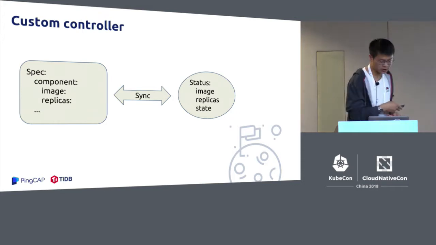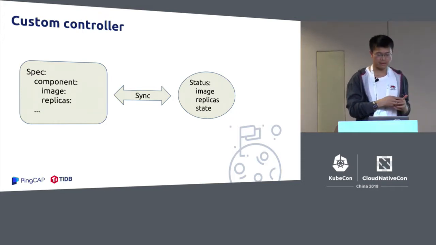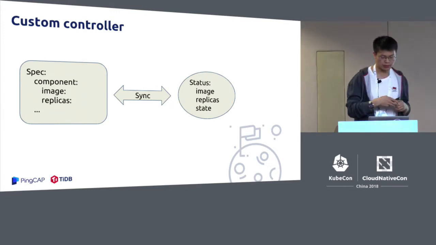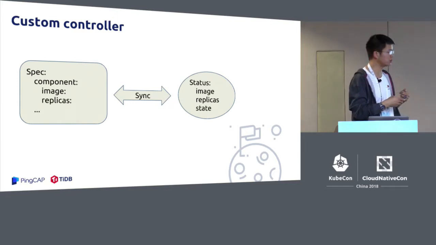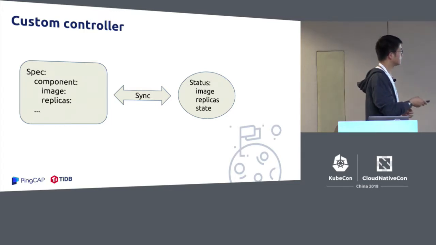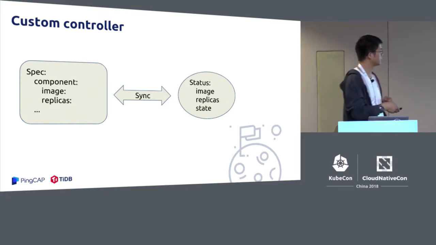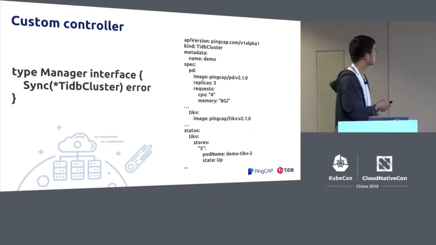And when the controller watches the spec changes, it will do the actual operations to keep the cluster looking exactly like the spec. It compares the status and the spec and gradually reconciles the resources to make them match.